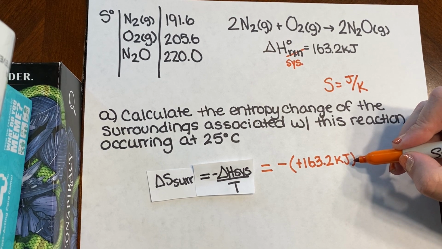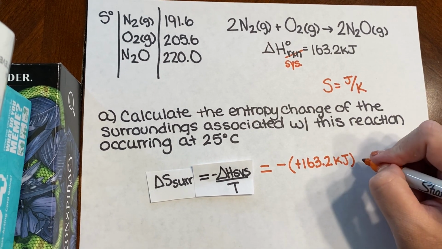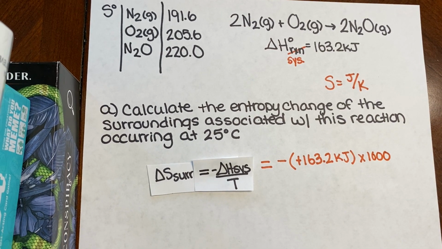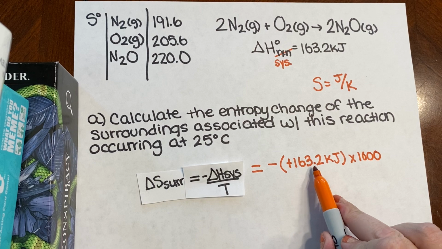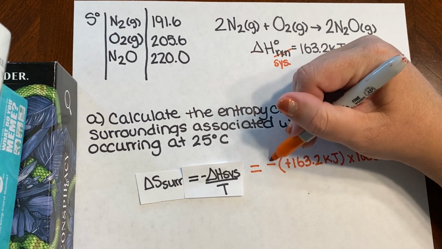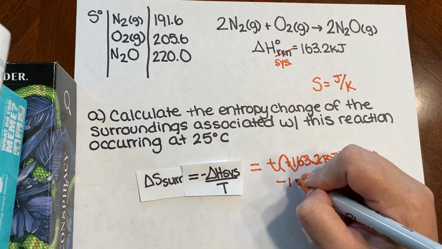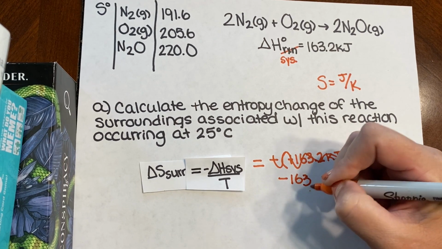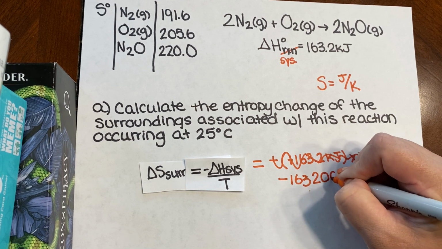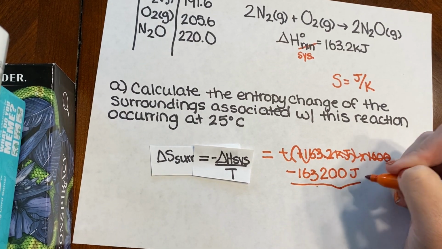This is kilojoules. So in order to change this into joules, we have to multiply it by 1,000. That will give us the amount of joules, or move the decimal 3 spaces to the right. So instead of having all this, now we have negative 163. Move it 3 spaces. So 1 space, 2 space, 3 space. That's the amount of joules. It's hard to do this with just one hand.